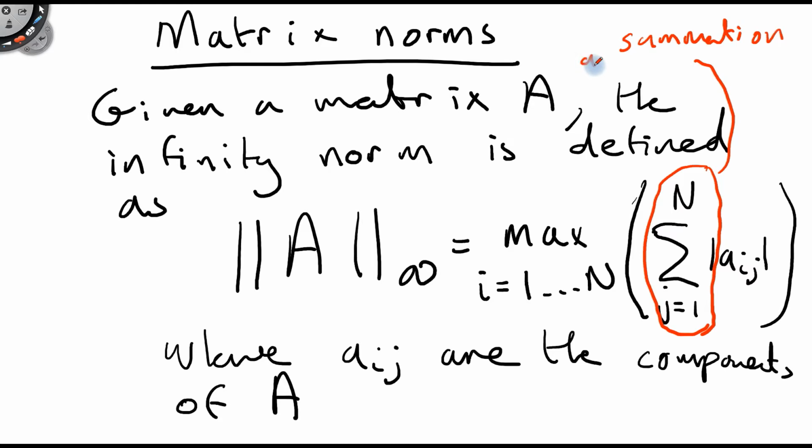The second element is the column element j, so we're summing across columns, or along rows. It's the same thing, whichever you prefer: your summation across columns or along rows, exactly the same thing of all the elements.